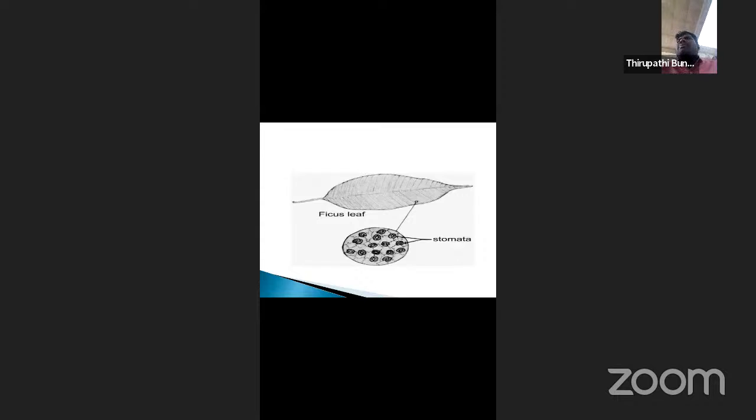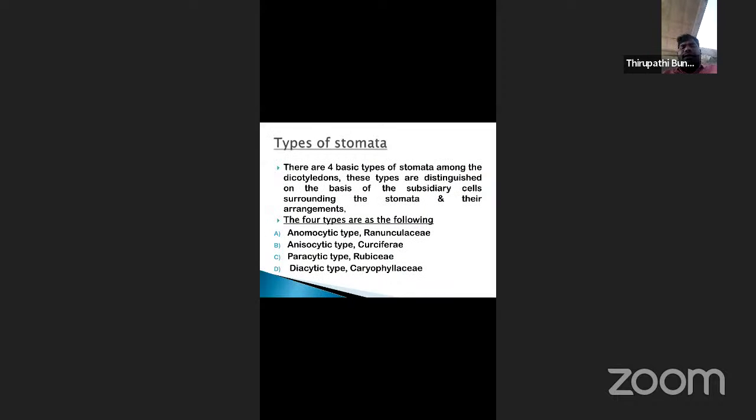Anomocytic means the surrounding epidermal cells have no special arrangement.